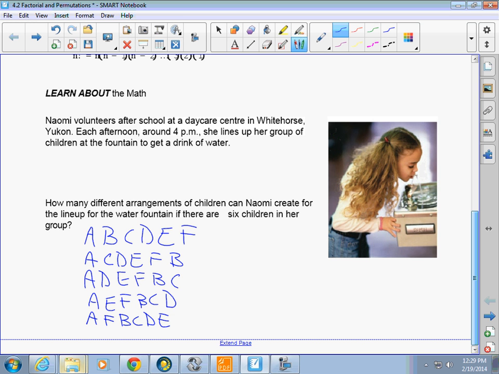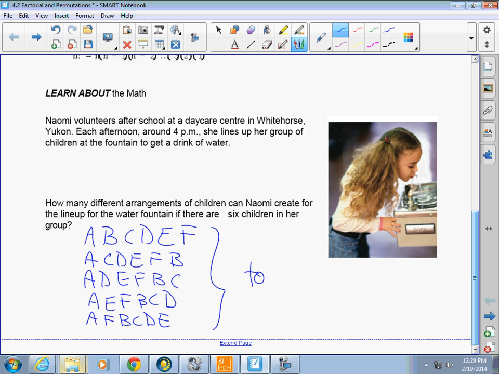So as you can see, just like what we talked about in the last section, sometimes it's just too much work to do this with pictures or with symbols, or what we called it in the last section, a factor tree or the diagrams. So you can use math instead to figure this out.